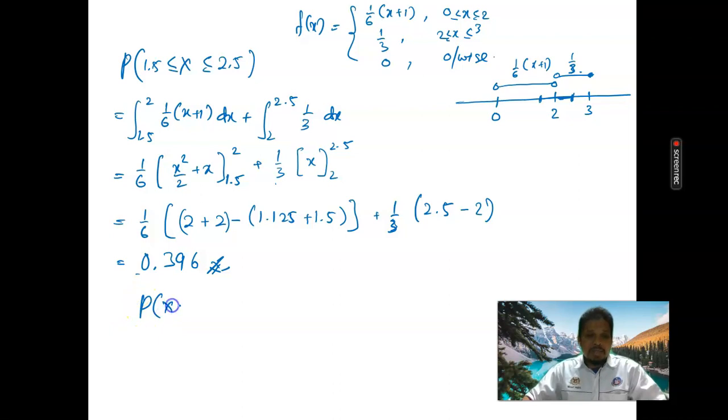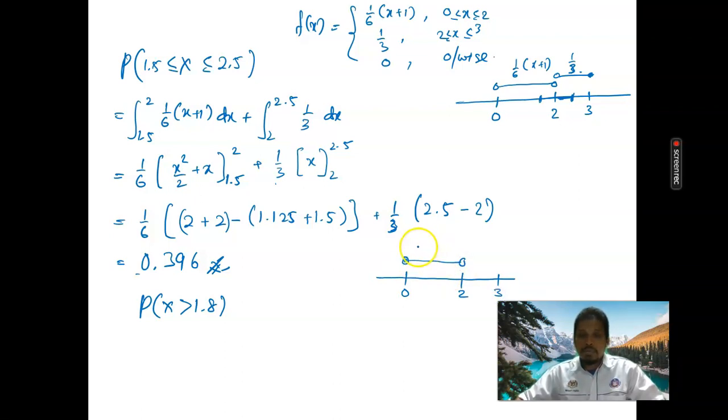Okay, next question. Find the probability of x greater than 1.8. Again, I sketch this from 0 until 2 and 2 to 3. For this one, it is 1 over 6 (x plus 1), and another one here, which is 1 over 3.